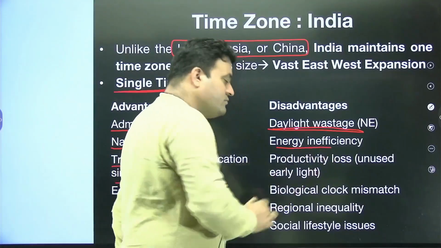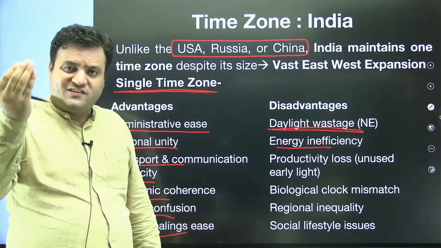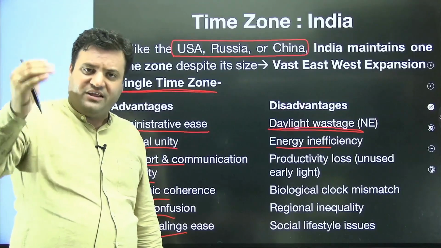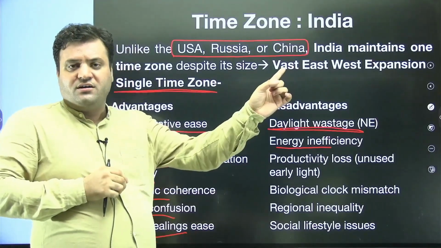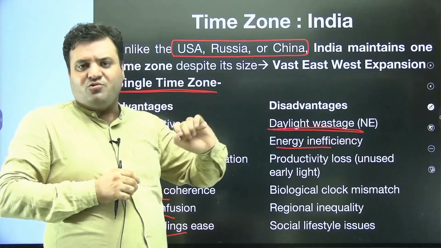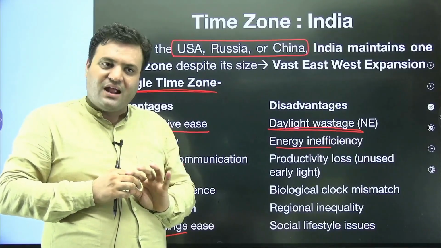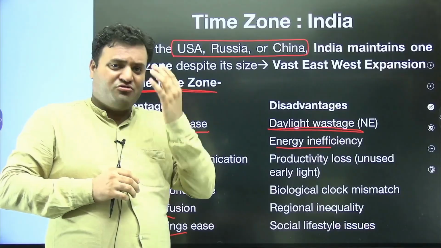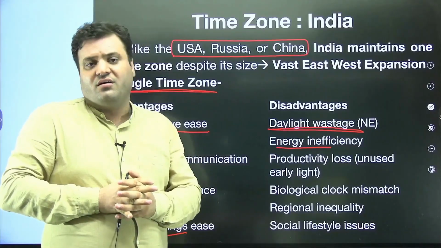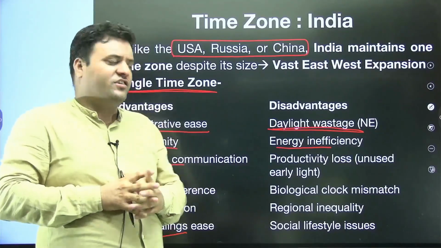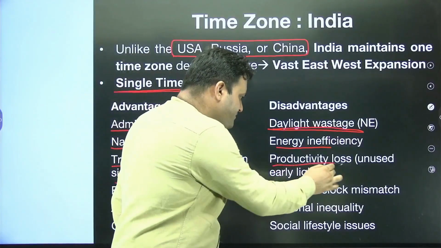It's because during the sunlight the offices were closed, and when there is a sunset, offices were open just to have a synchronization with the office timing as per the Indian Standard Time. That resulted in switching on the lights. There will be an inefficient use of electricity. So energy inefficiency will be there. Productivity loss will be there.